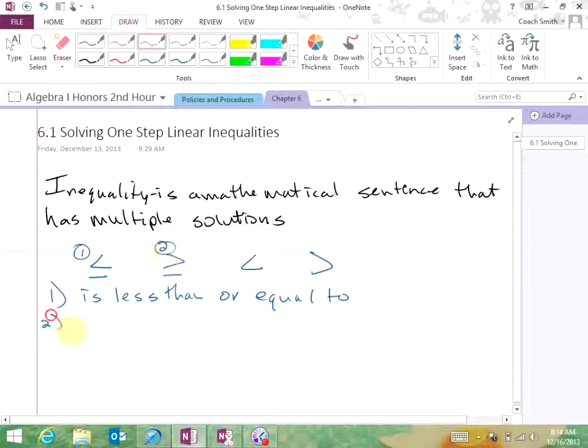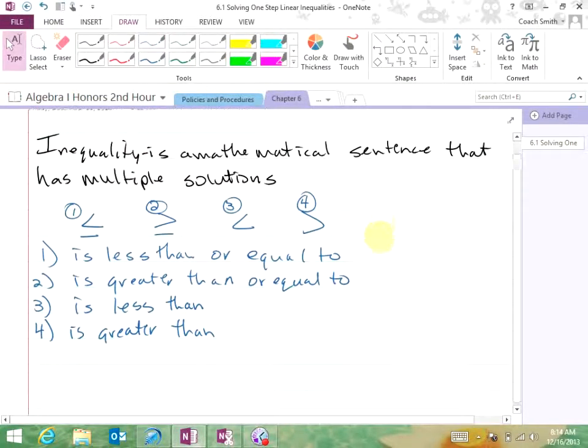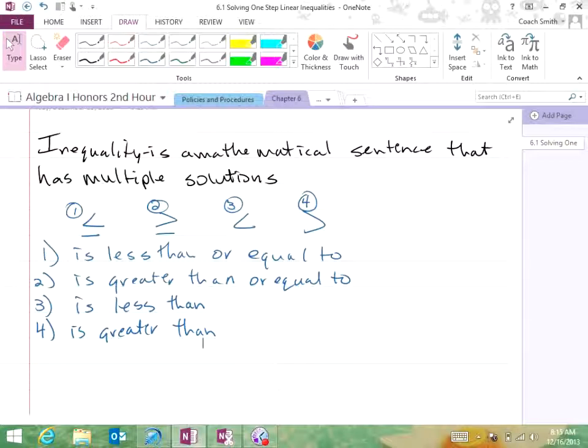The second one is greater than or equal to. The third one is less than. The fourth one is greater than. Those are the 4 inequality signs that you have.